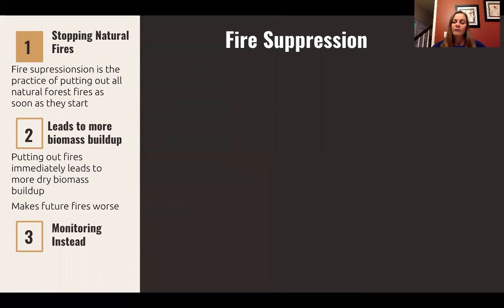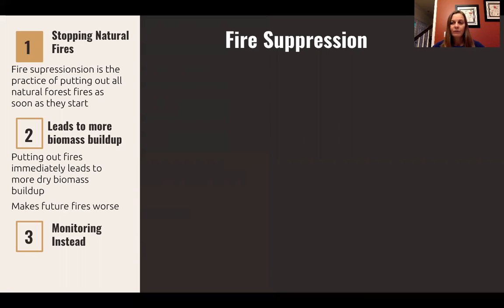So if you have small, frequent fire, then it's small, it's lower temperature, and trees and rootstock are more likely to survive. When you have huge, out of control wildfires, like one we just had in Colorado a couple weeks ago, then nothing survives.